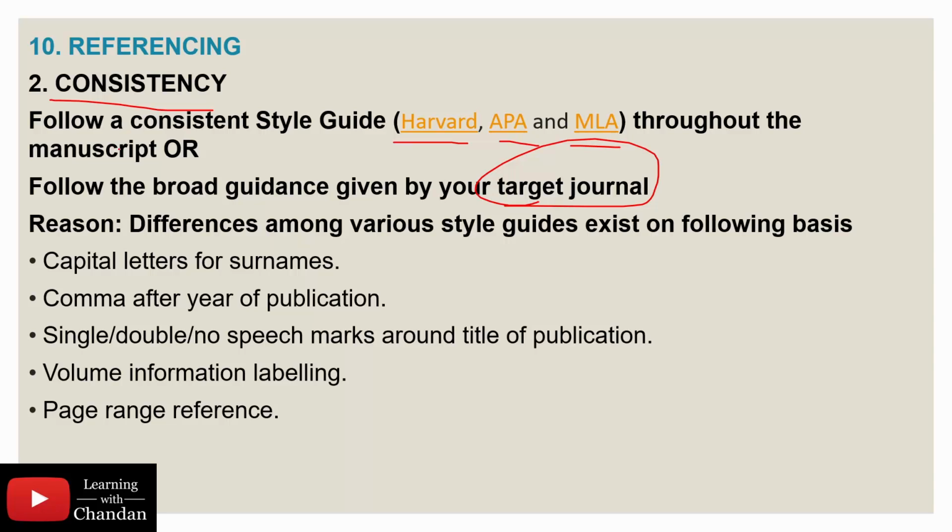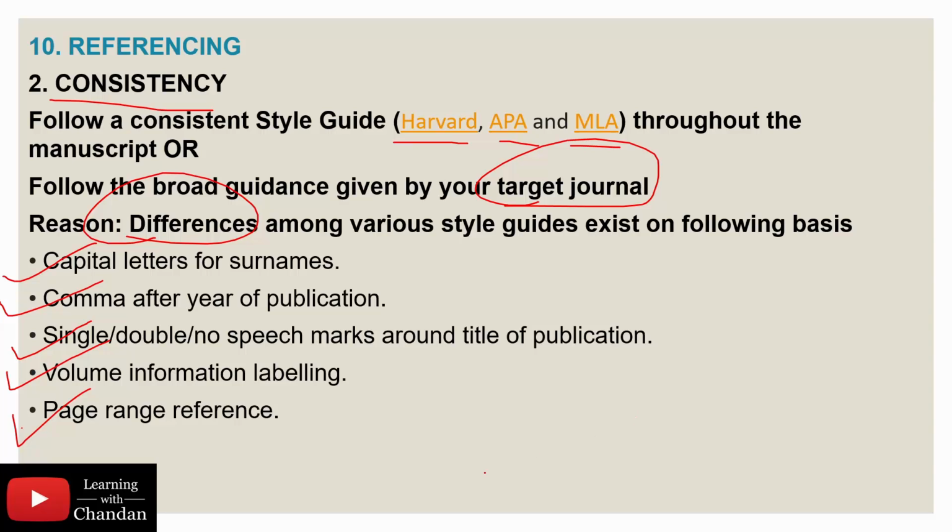But if you stick to only one style guide, please do not change your style guide within the manuscript, because there can be differences in the format while mentioning capital letters for surnames, even placement of commas or punctuation for year of publication, single, double, or no speech marks around the title of publication, volume information labeling, and even page range references.